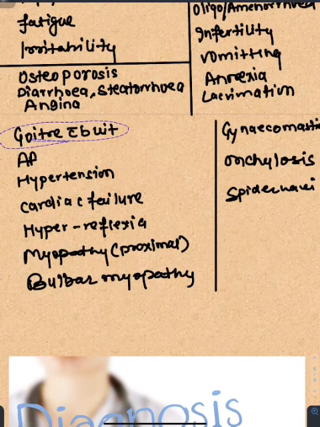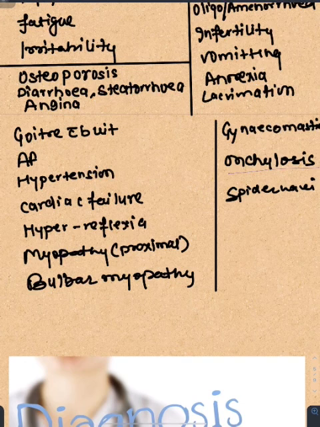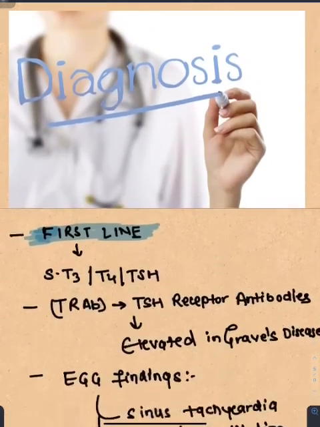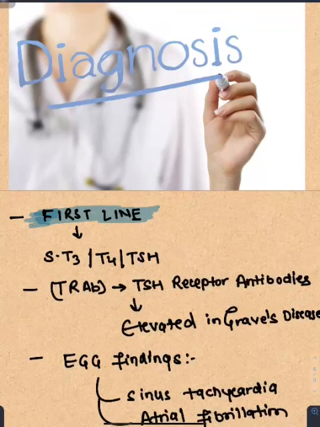It is a prominent feature of Graves' disease. Atrial fibrillation, hypertension, cardiac failure, hyperreflexia, myopathy, bulbar myopathy, gynecomastia, onycholysis and spider nevi.